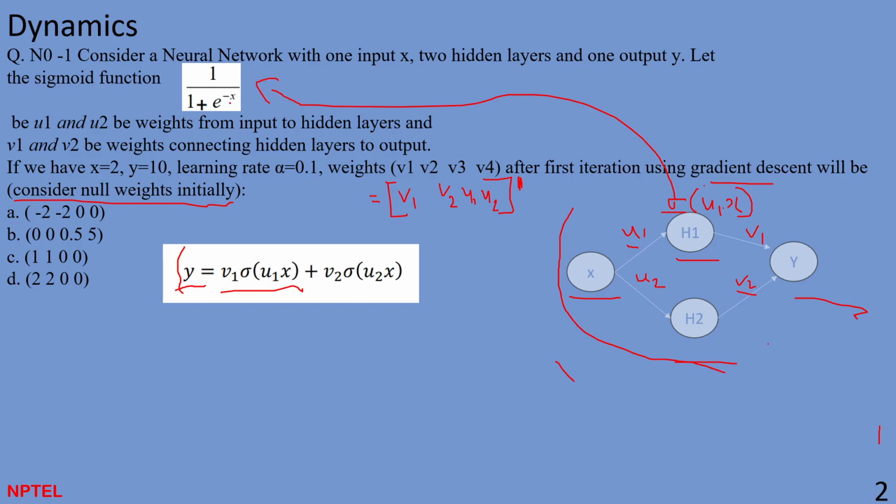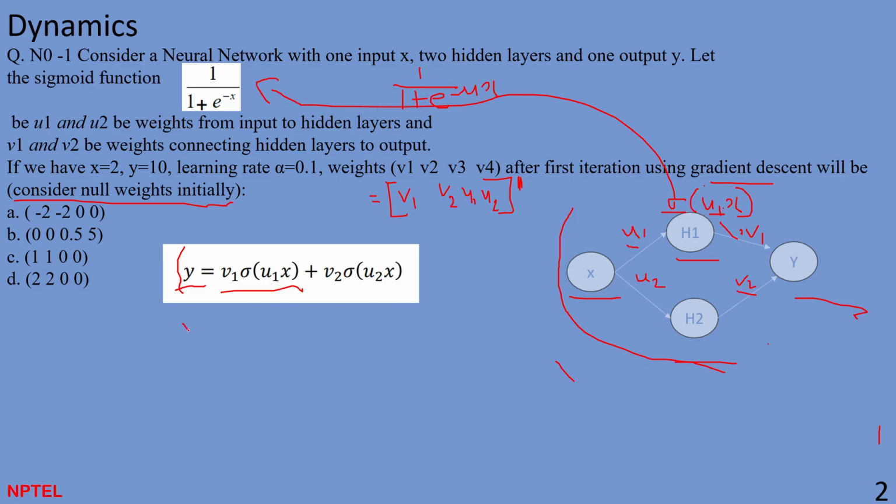So instead of x, you just need to replace it by 1 plus e to the power minus 2x. After doing this operation, you need to multiply it with this weight.